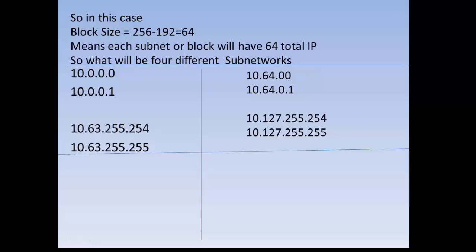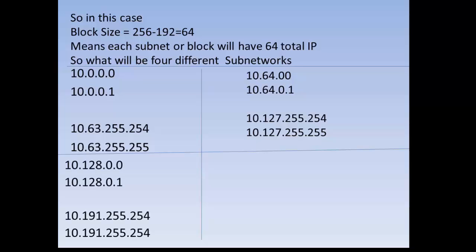You should take extreme care about which block variation comes, which one is the interesting octet here. So 128.0.0.0 will be the difference of 64 here. So first, last valid IP and broadcast IP.